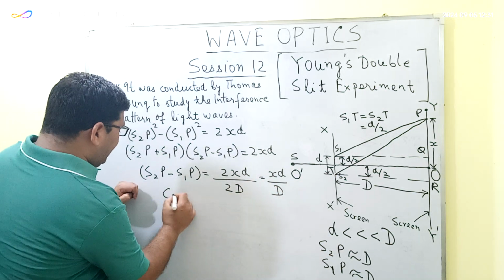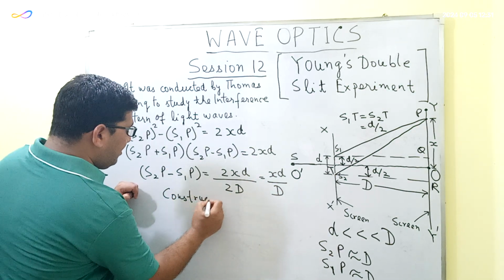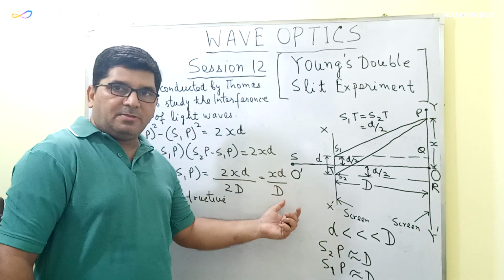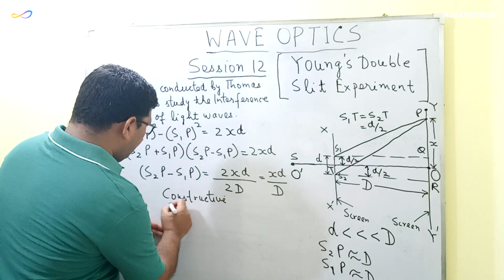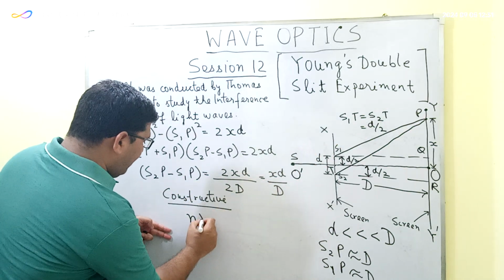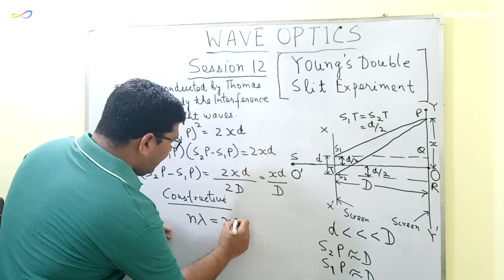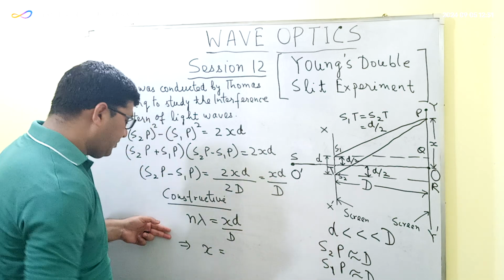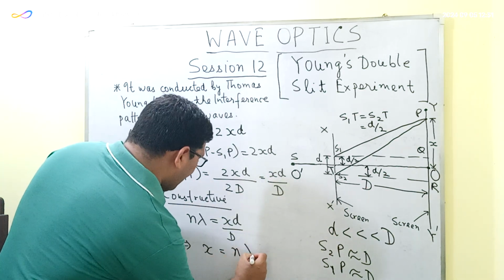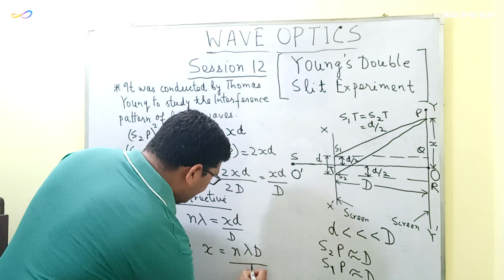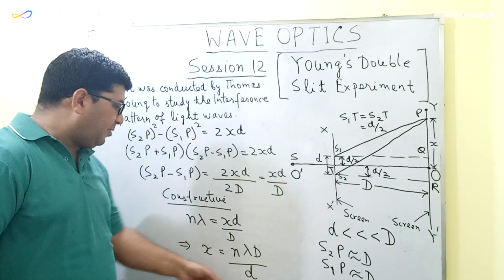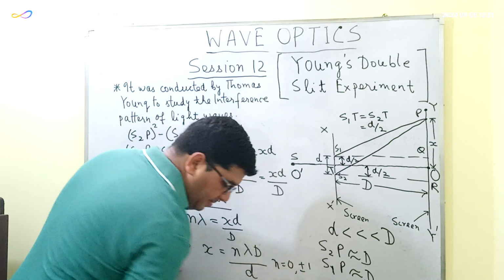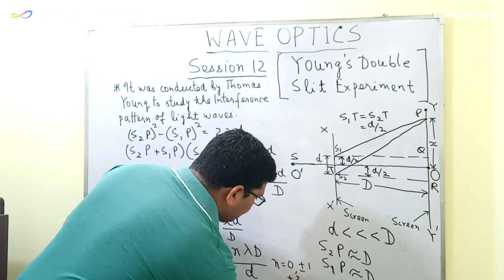Now for constructive interference, or for getting the distance of the nth bright fringe from the center of the screen, n lambda should be equal to xd upon D. Or simply, the distance of the nth bright fringe from the center of the screen will be equal to n lambda D upon d, and here n is equal to 0, plus minus 1, plus minus 2 and so on.